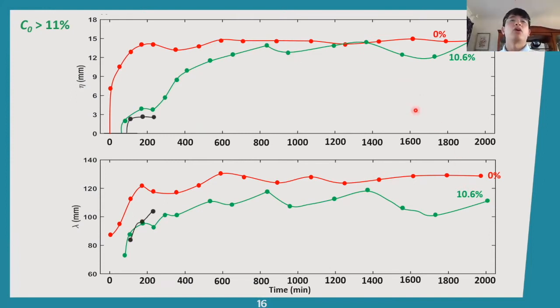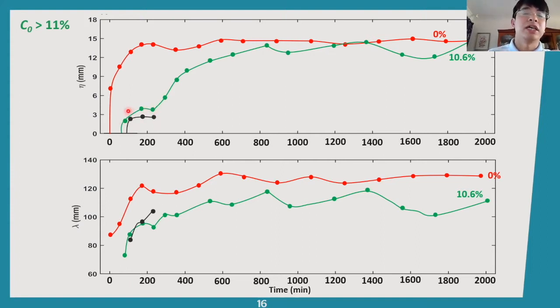For the initial clay content of 11.6%, as you can see, the first appearance of the ripples from the flat bed was further delayed by around 1.5 hours. And since then, the ripple height was stuck just below 3 millimeters. And this trend was quite similar to the one from 10.6%.